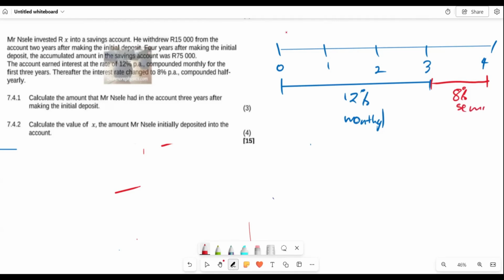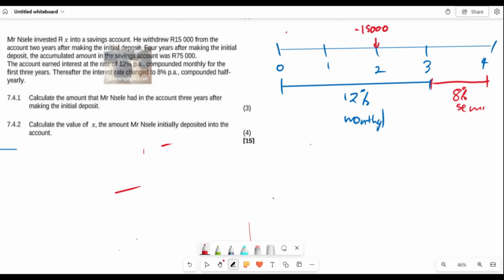But there is something else they mentioned: he withdrew before the end of the first 3 years. So at this particular interval, 15,000 was subtracted, right? That's what we have here.